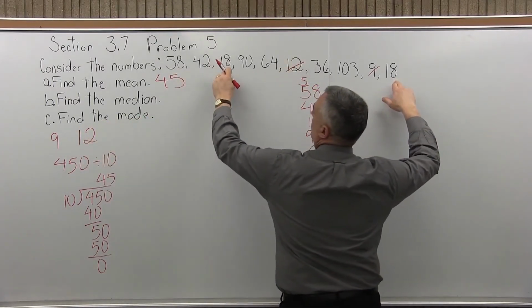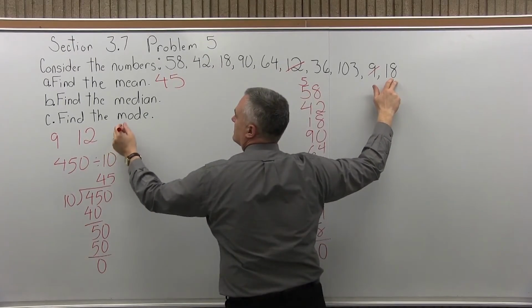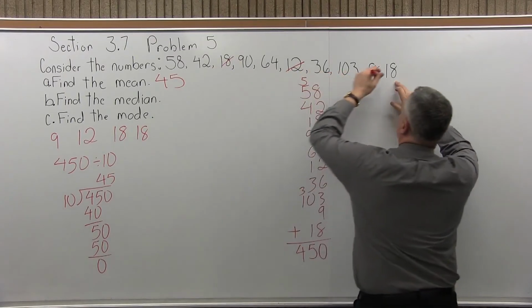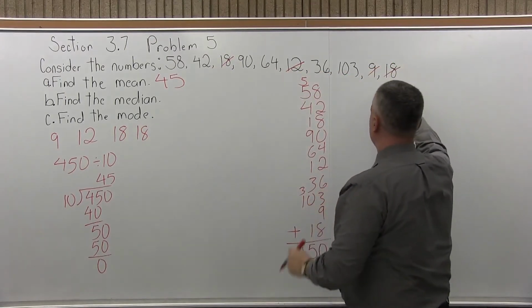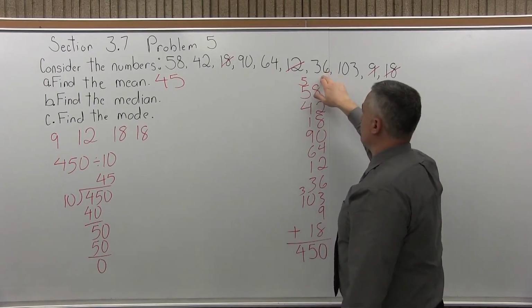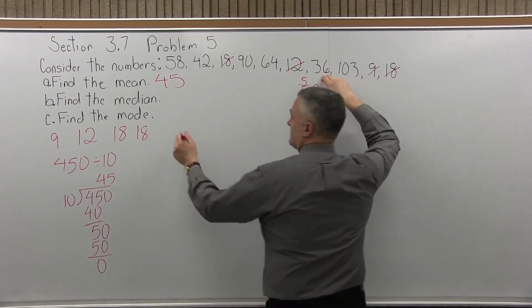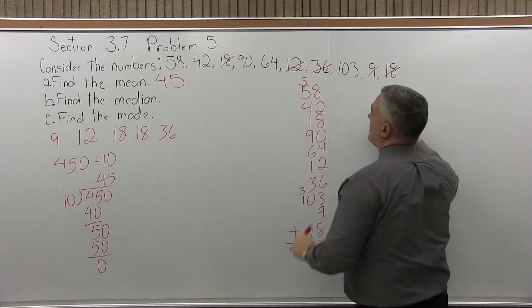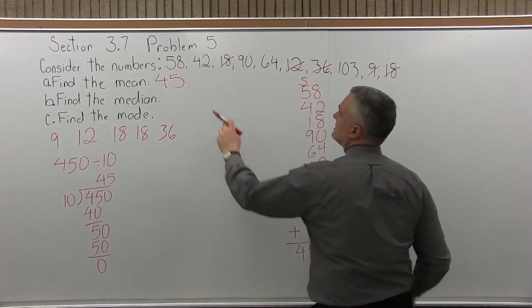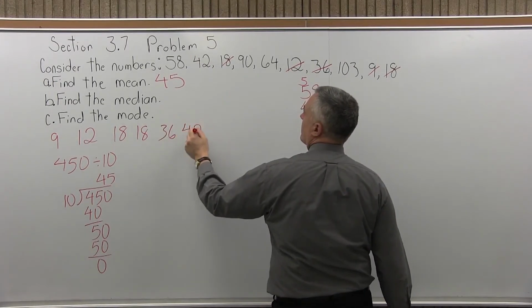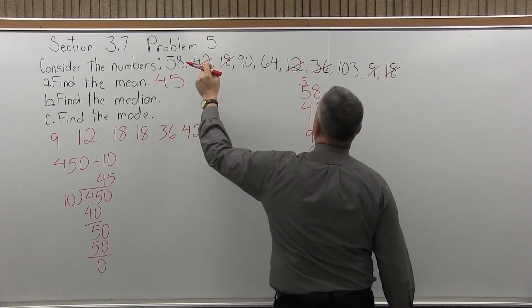18 occurs twice. I'll write down both 18s, cross those off. No other teens. Next in the 20s, I don't see anything. In the 30s, I have 36. In the 40s, I have 42.